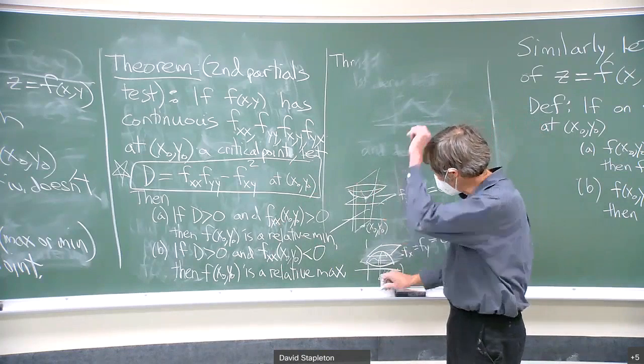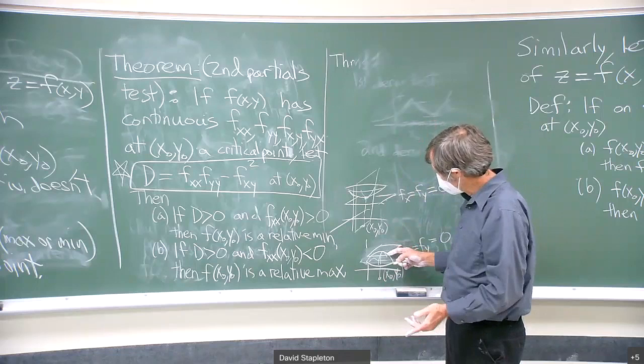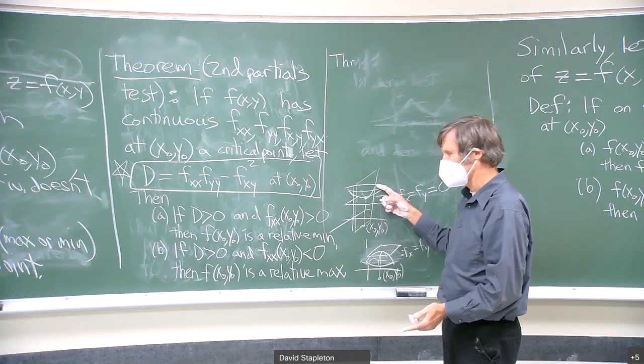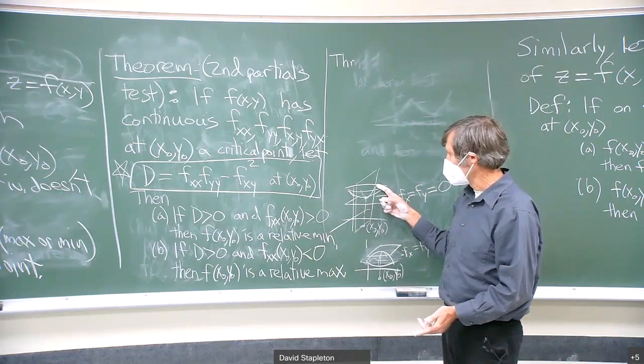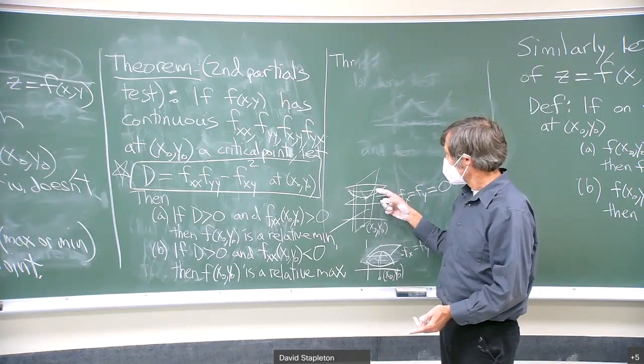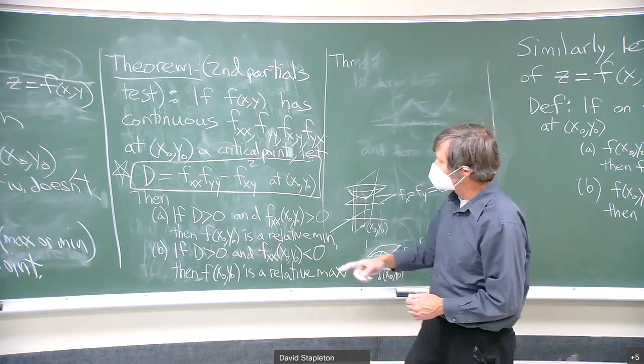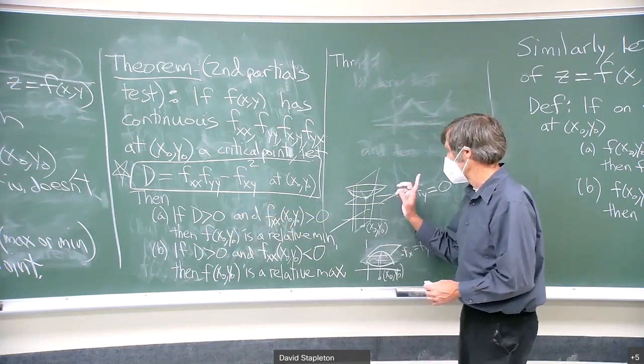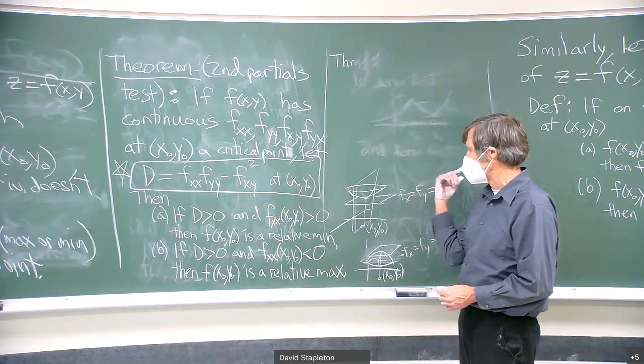But then you say, wait a minute. Just because it's concave down in this direction or concave up in this direction doesn't prove it. What's going on? Well, the D comes in here. If D is positive, it means all the second partials in all directions have the same sign.